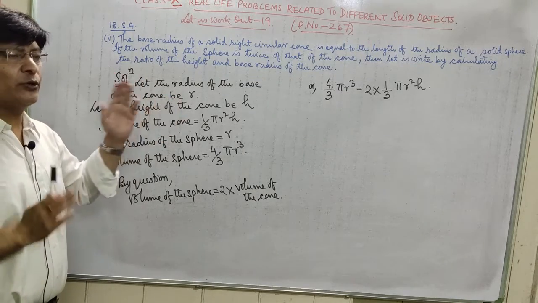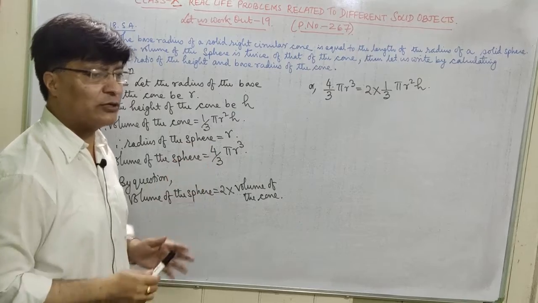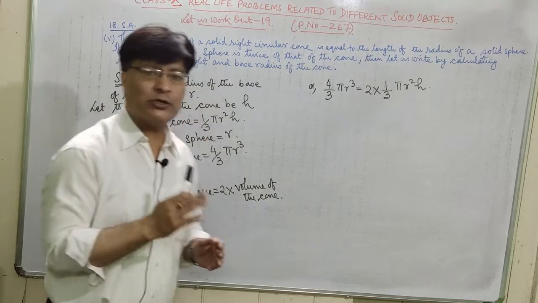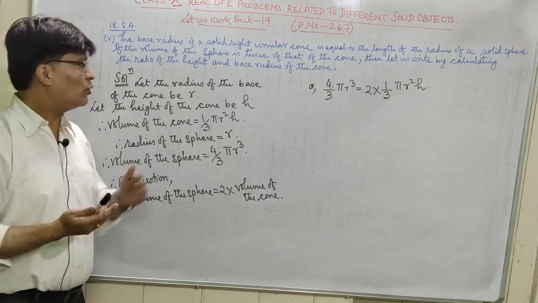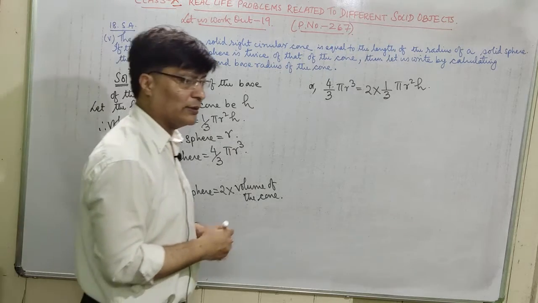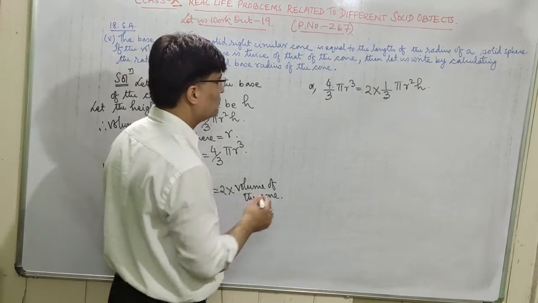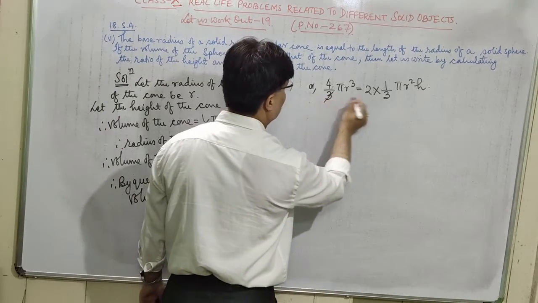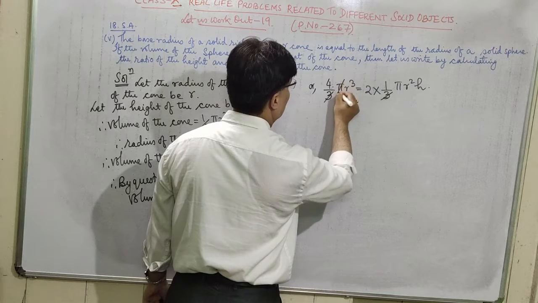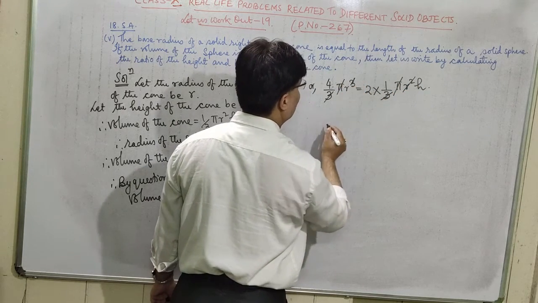So from here you can get the ratio of the height and the base radius of the cone. That is, we can find h is to r from here. Here you can cancel the similar terms. 3 gets cancelled, pi also gets cancelled, and r square and r cube will cancel.